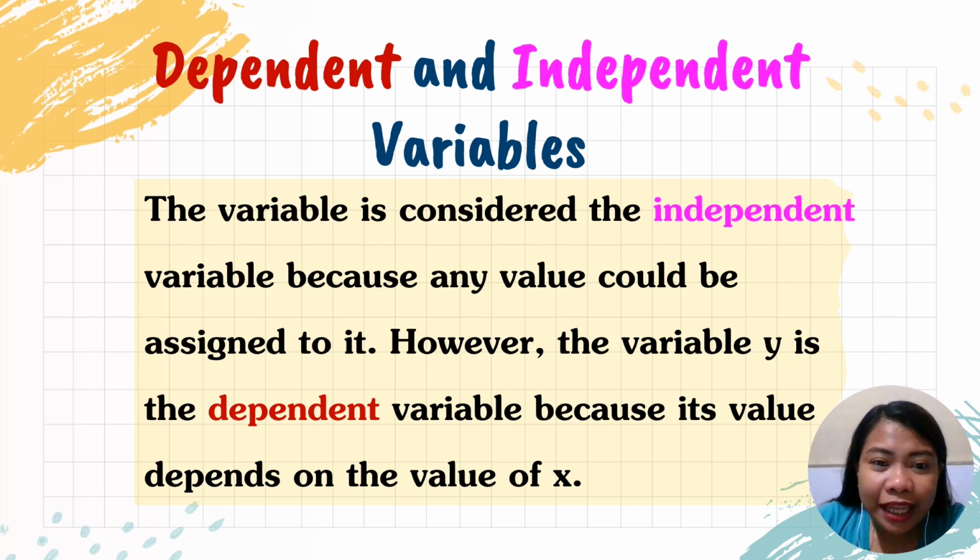Okay, class, the independent and dependent variables. The variable x is considered the independent variable because any value could be assigned to it. However, the variable y is the dependent variable because its value depends on the value of x.